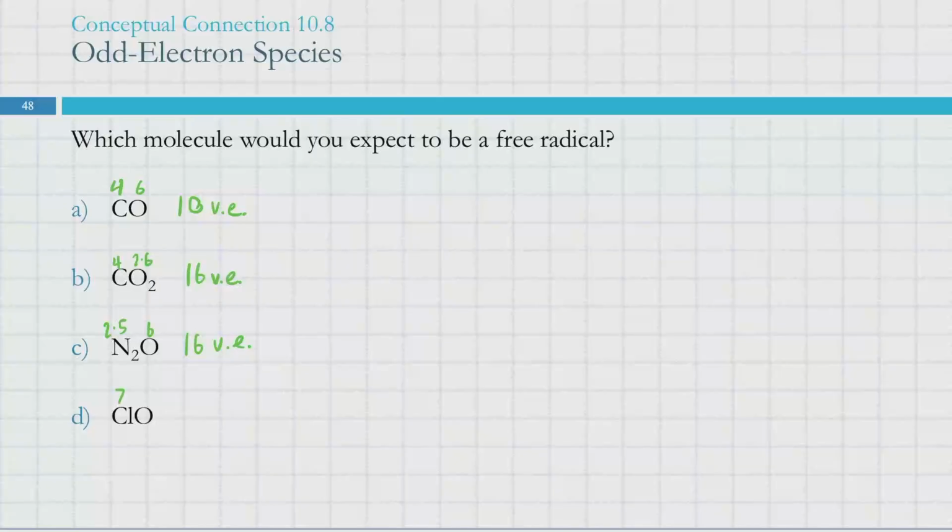And in D, chlorine has 7, oxygen has 6, so we're going to have 13 valence electrons. This one is the only one with an odd number of electrons, and so this is going to be our free radical species. So that's the fast way to find the free radical.